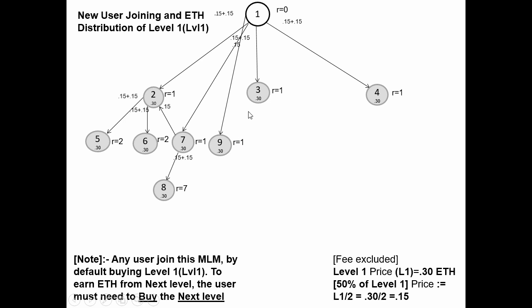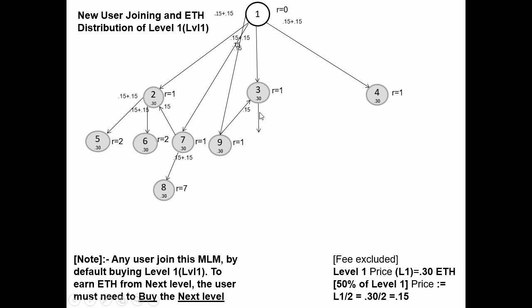This one is not filled up, so it will connect here behind user 3. So 0.15, 50% of the money, will go to user 3, and the 50% will go to user 1 if this user 1 bought the second level. Then here you can see the money goes like this.